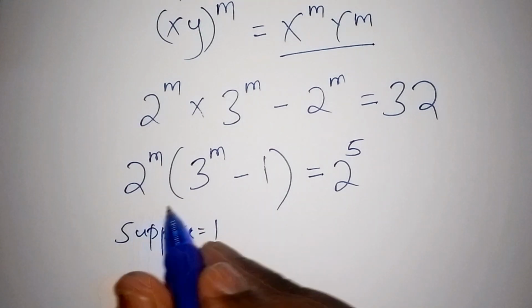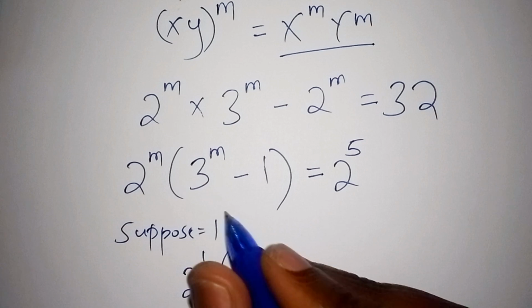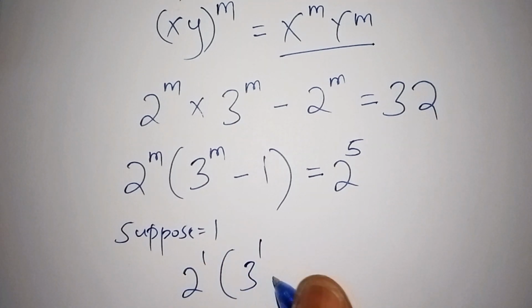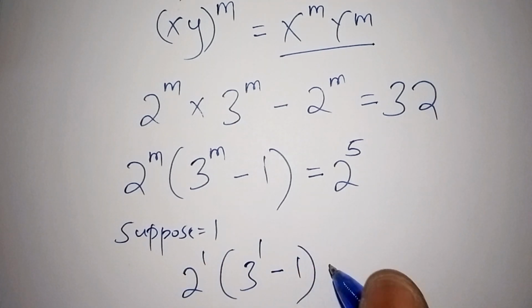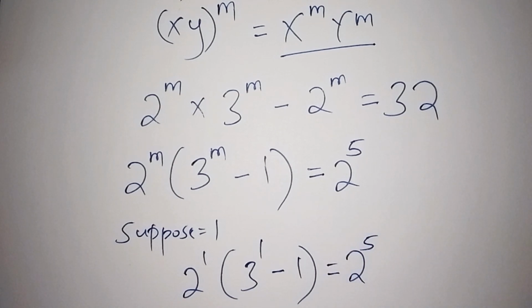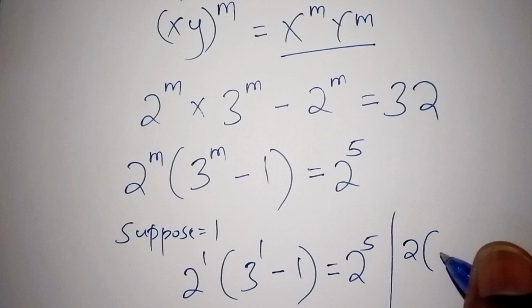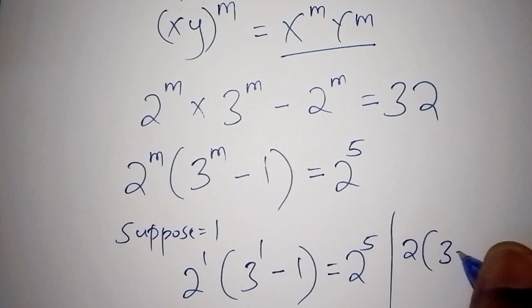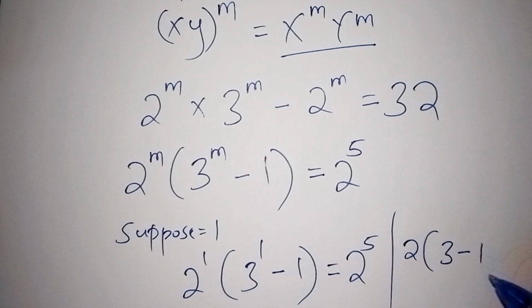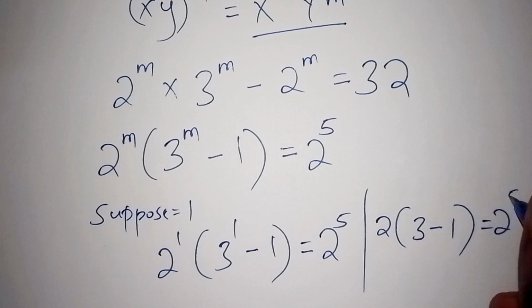That will mean we have 2 to the power of 1, then in brackets 3 to the power of 1 minus 1, close the bracket, is equal to 2 to the power of 5, which is 32.